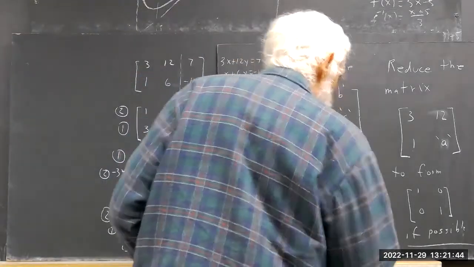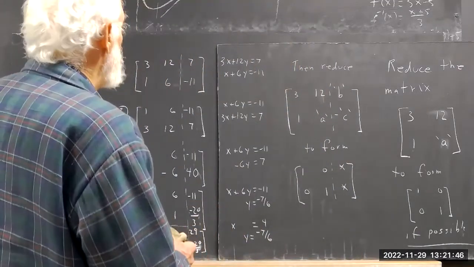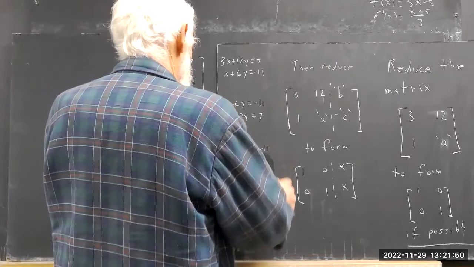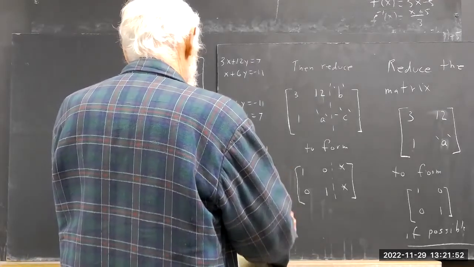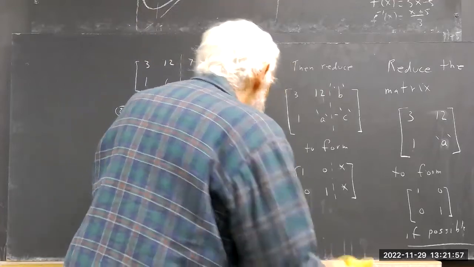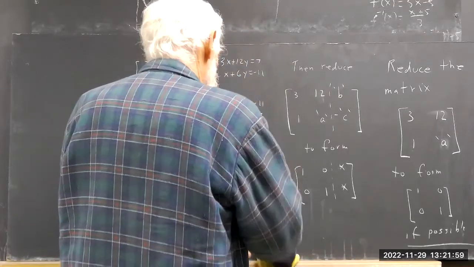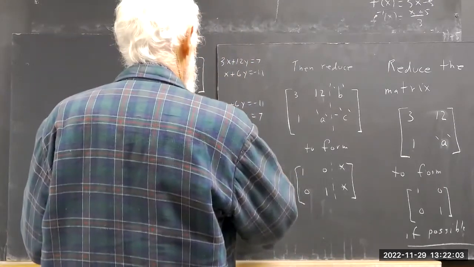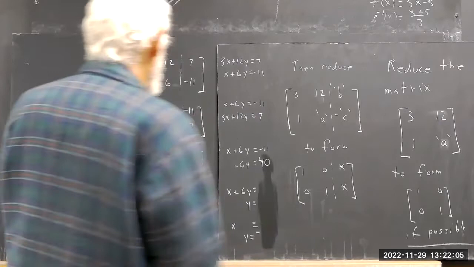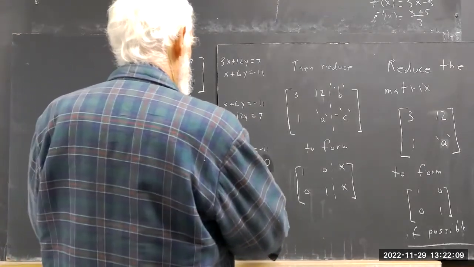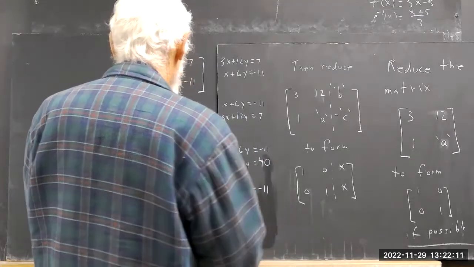So my equations over here. Okay, this is negative 6y plus 40. We'll still have the negative 11 here.